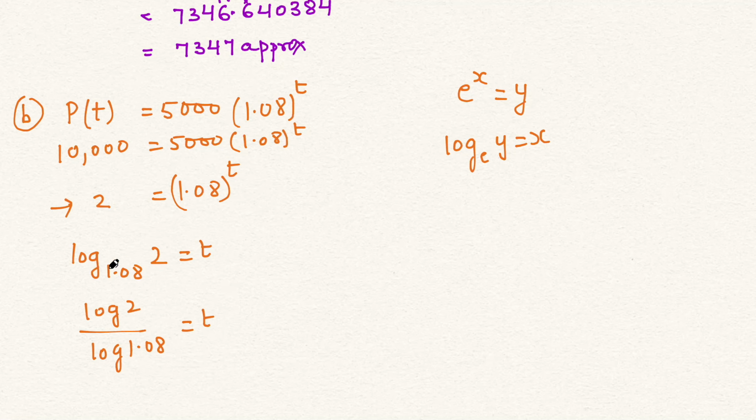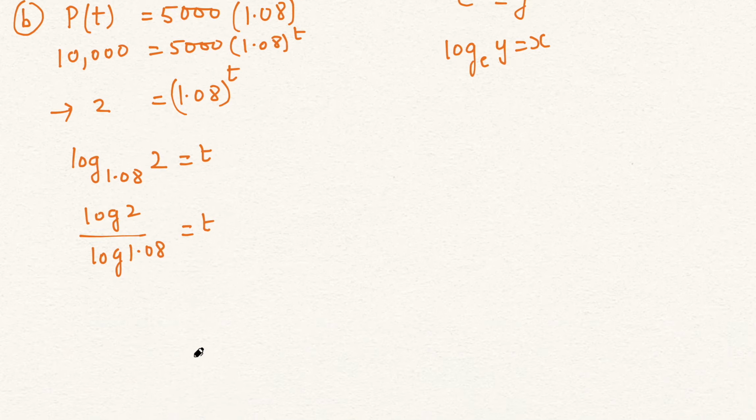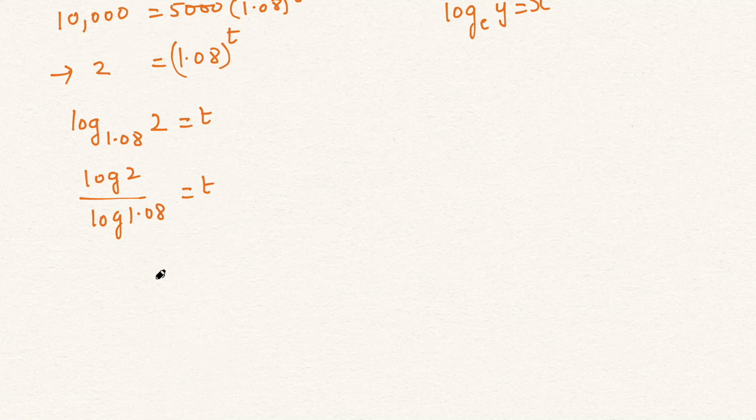Now, if you know how to write base and number in your calculator, you can directly solve from this step. But if you are not very confident in this input, just apply the base rule, which is log of 2 over log of 1.08. Now, our best friend calculator is here and we will give the input, and time is going to be 9.0664, and if I round it off, 9.07 years.